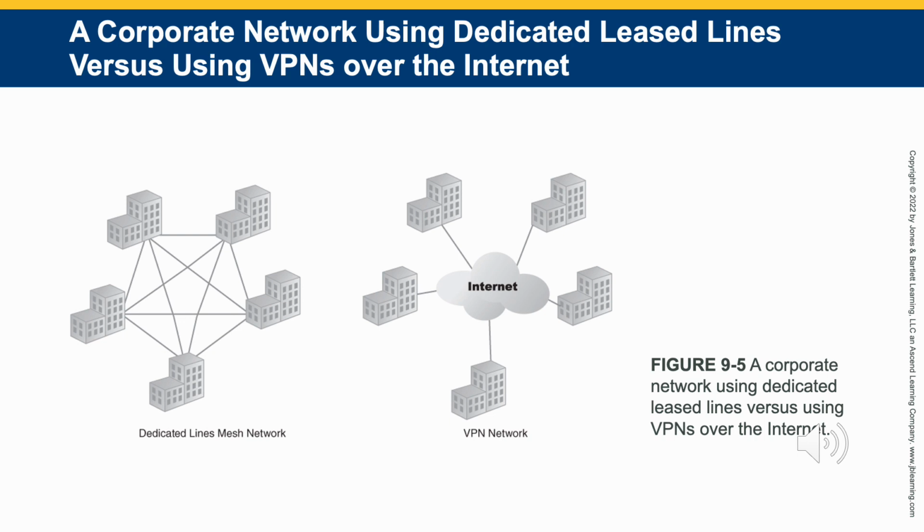When we can leverage the internet, which is publicly available, and most businesses subscribe to an internet service some way, somehow, then all you have to do is create a VPN firewall and put one at each location. They commonly connect to the internet, and you can build VPN tunnels to each location so that it appears as one big network. That's very cost effective and very attractive these days.